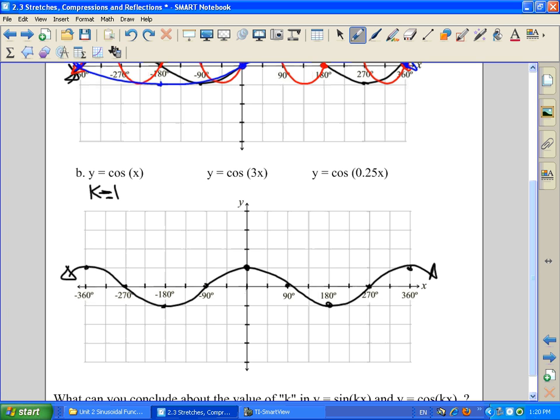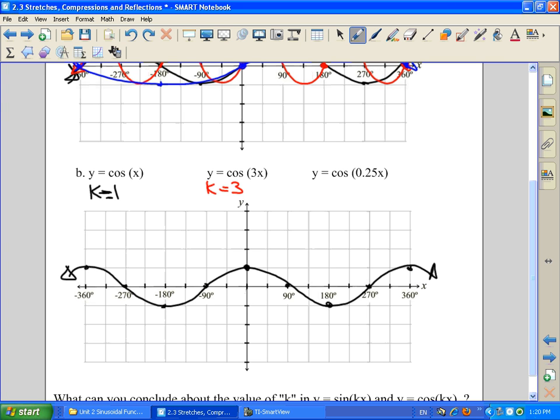It takes us 360 degrees to complete one cycle. Let's try the second one. k, in this case, equals 3. So instead of having one cycle in 360, we need to have 3 cycles within 360. Okay? So we've got to figure out how we're going to do that.